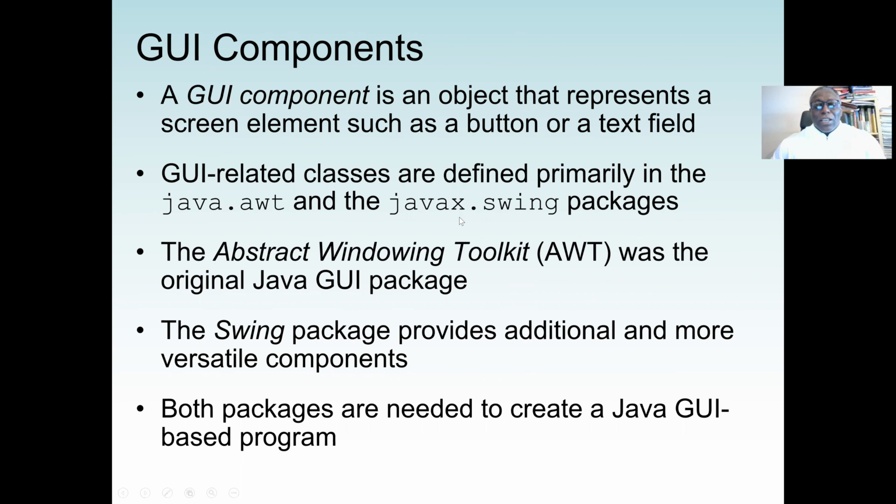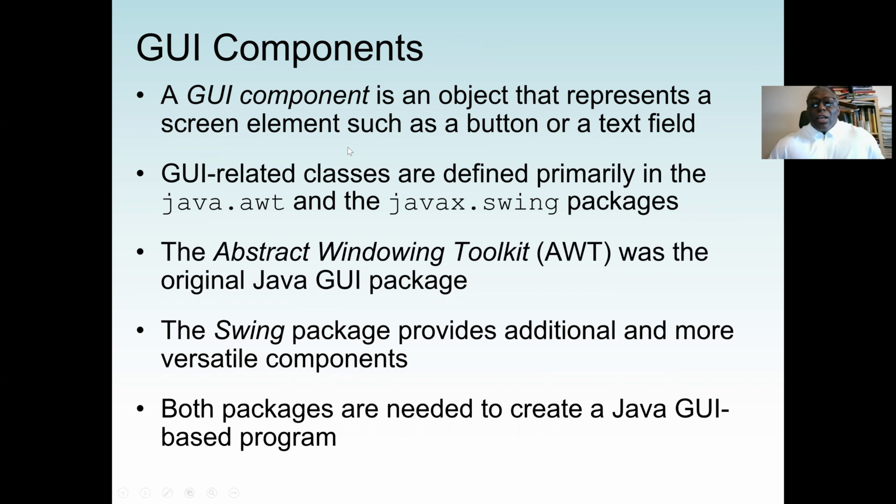And also we have a second package called the swing package, or javax.swing. Also recently we have a new package called JavaFX. JavaFX also makes it possible for us to develop Java GUI applications. But that will be a full lecture by itself, so we may discuss that later on.